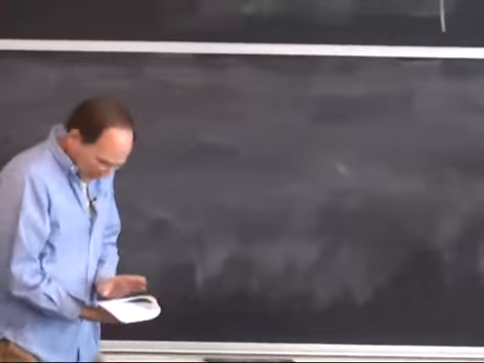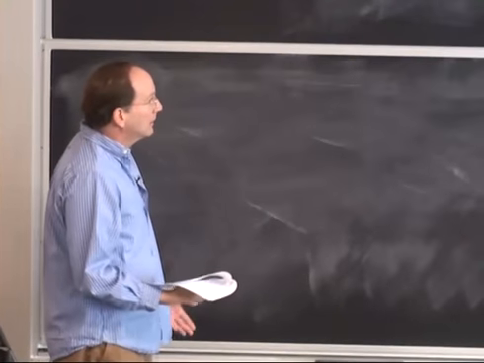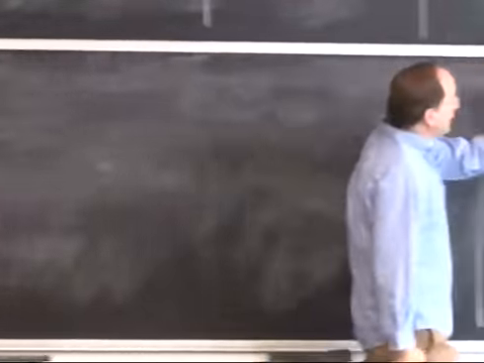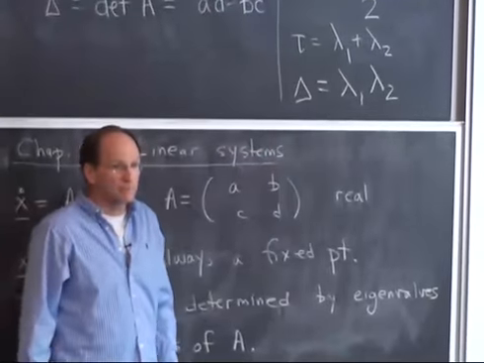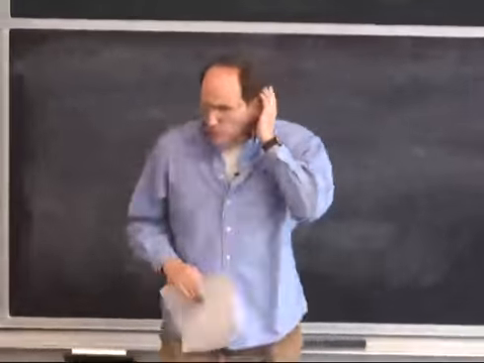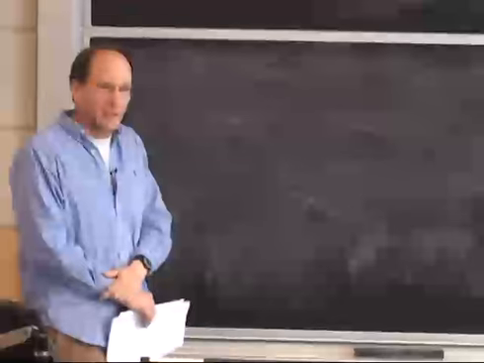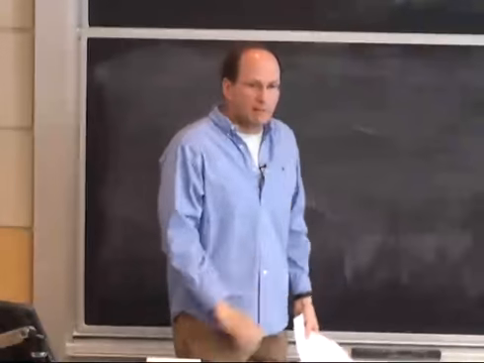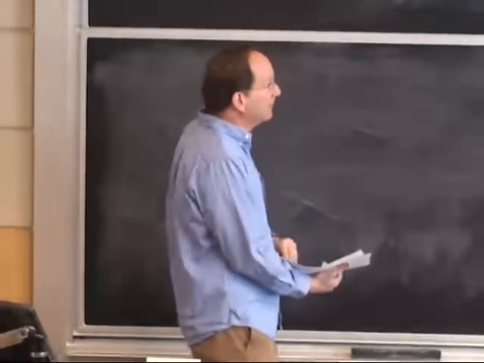So then let's talk about the possibilities for what these phase portraits will look like depending on the details of the lambdas. That's the issue. The way that we'll tend to phrase it is that the trace and the determinant are very handy. Rather than going all the way into calculating the eigenvalues themselves, just from knowing the trace and determinant, we can say a lot.